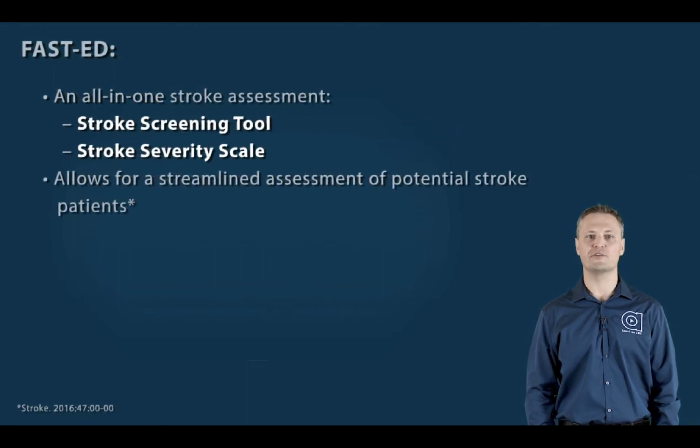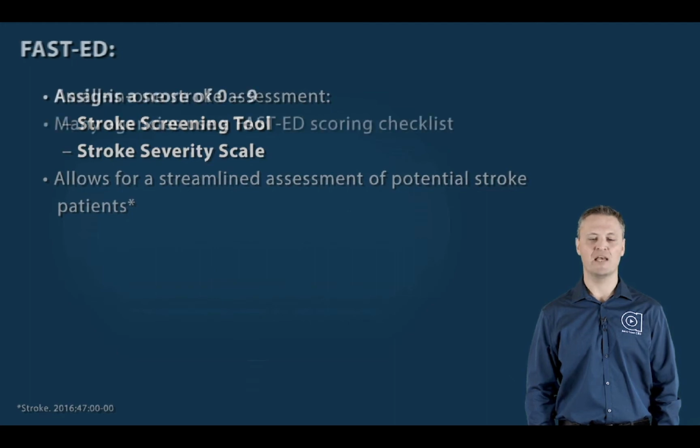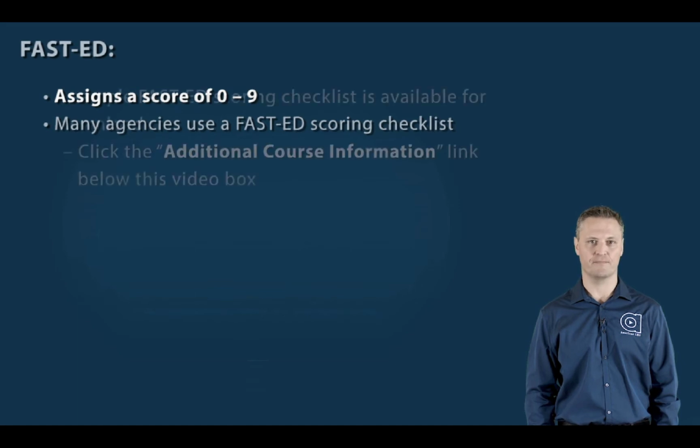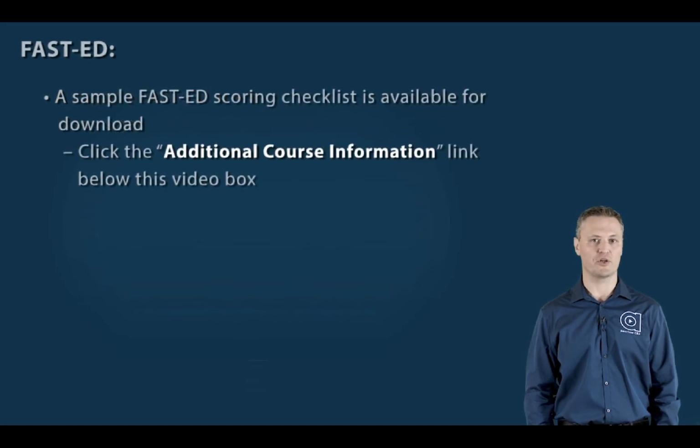FAST-ED incorporates both a stroke screening tool and a stroke severity scale into one assessment. This allows for a streamlined assessment of potential stroke patients. FAST-ED assigns a score from 0 to 9. Many EMS agencies that use FAST-ED utilize a checklist to assist with completing the assessment and scoring the deficits. A sample FAST-ED scoring checklist is available to you for download.